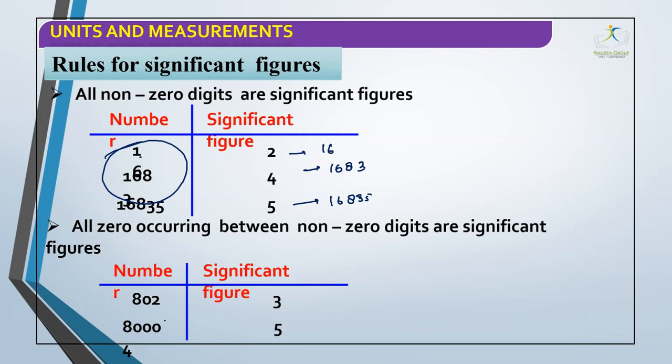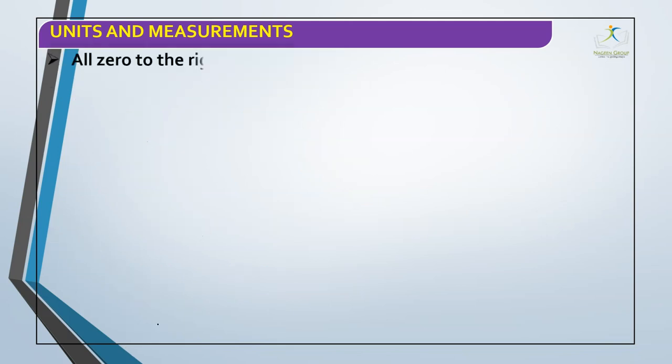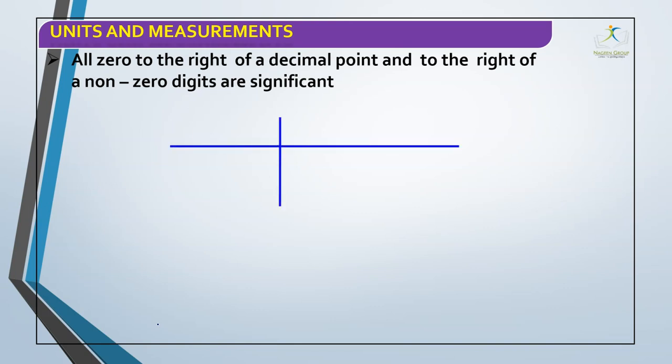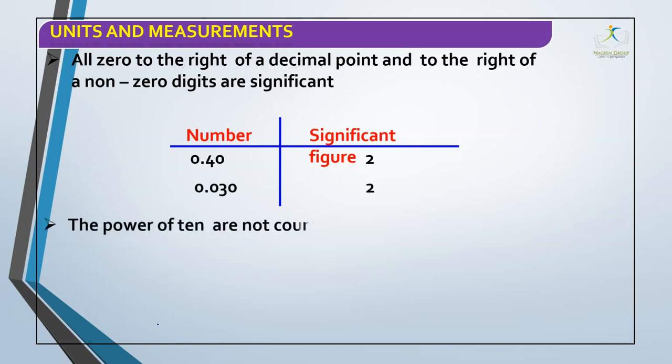And with this, 5. All zeros to the right of the decimal point and non-zero digits are significant. So 2, 2, like this.